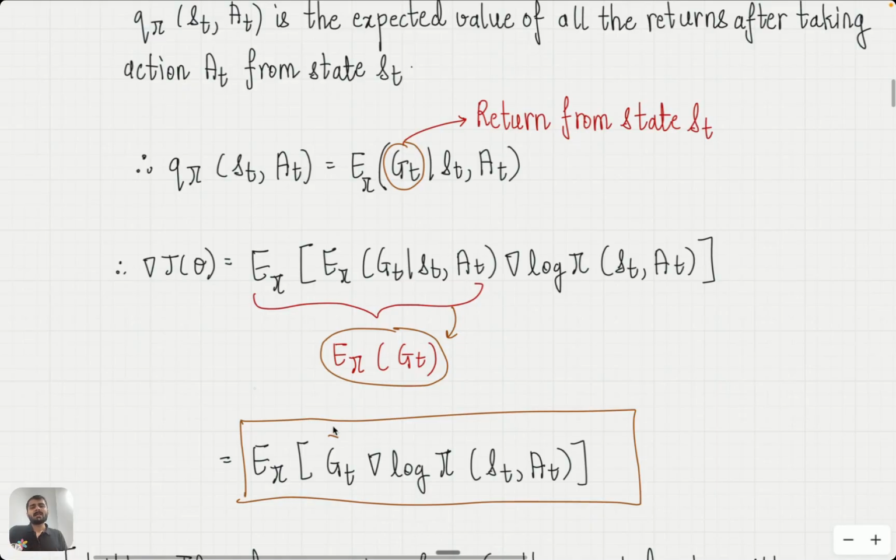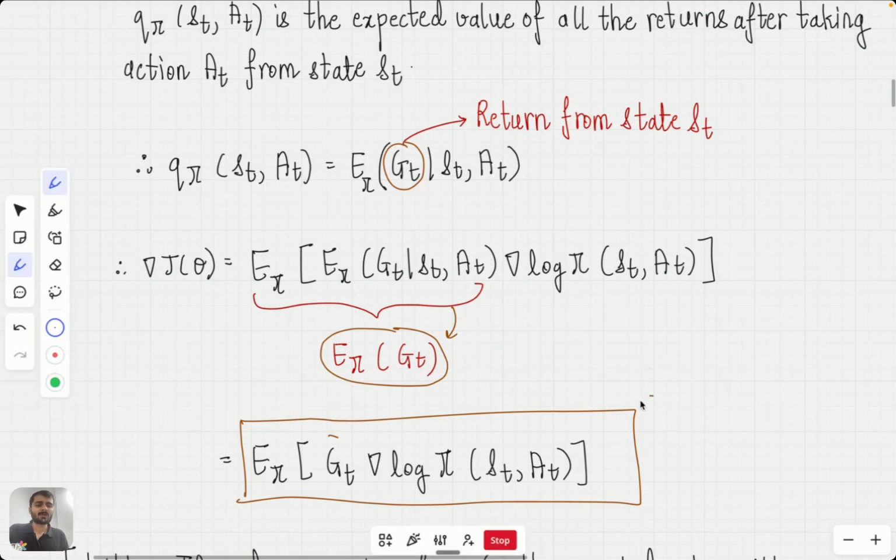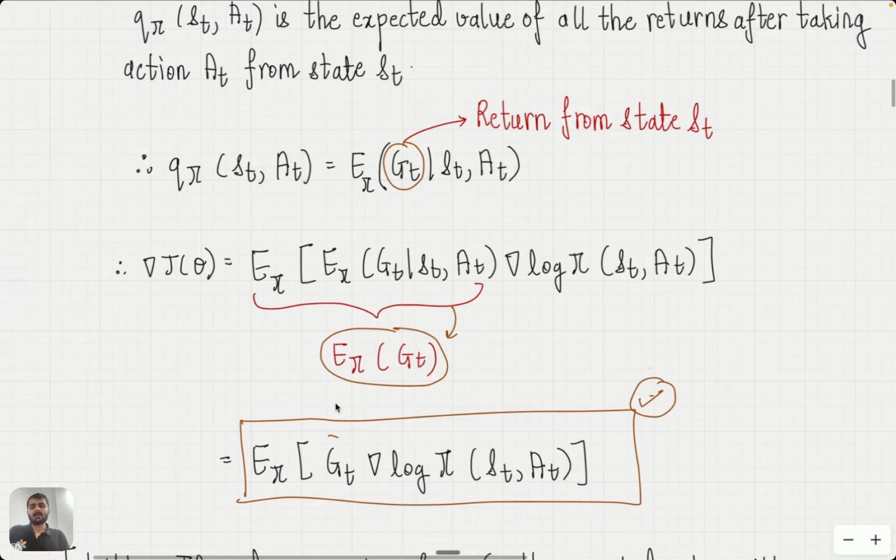And in the second case, you don't need to average out all the returns after taking action a_t from state s_t, but you can just take one single return from s_t and a_t. So in a practical scenario, the second expression is much more useful, as we saw in the Monte Carlo methods as well. Remember, in Monte Carlo methods also we use G_t, so that's why it is more practical.